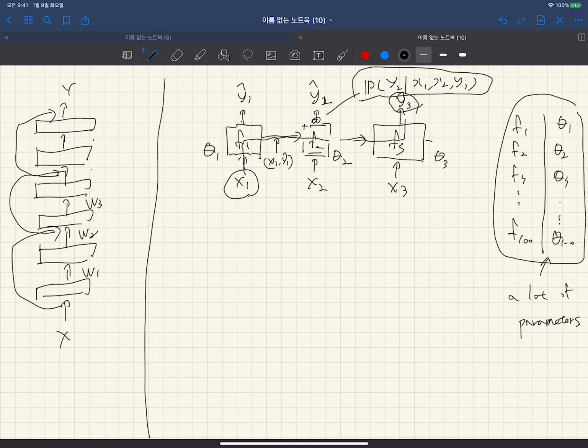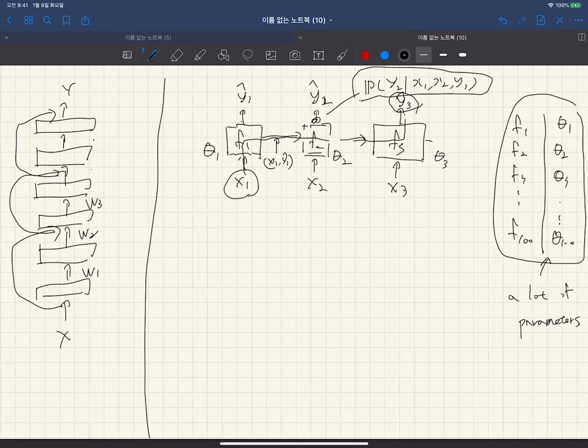So if the input length is 100, then basically you have a 101-layer neural network architecture to model the relationship between y100 and x1. So this is a very deep architecture, especially when you consider long-term dependency, the very beginning input and the very last output.